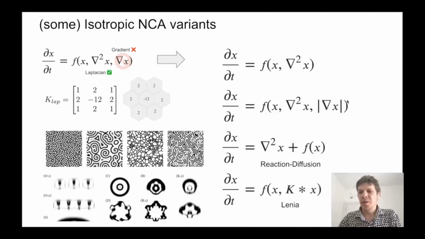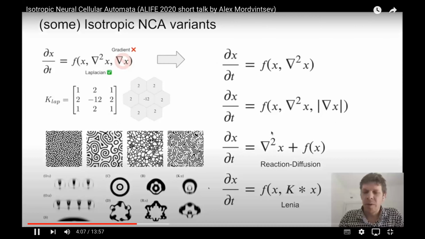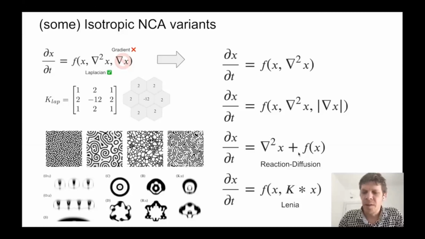To make cell perception richer, we can also give it access to Euclidean norms of the state gradient vectors, which are rotation invariant. We can also remove neighborhood perception completely and give cells access to their own states only, but also add a separate diffusion process that works in parallel with cell updates.